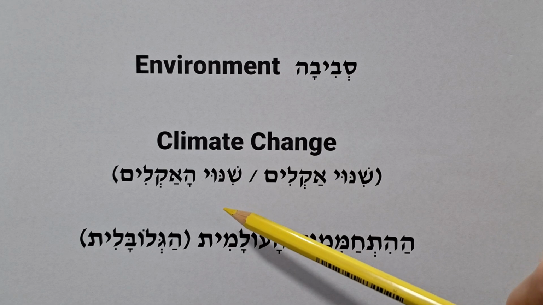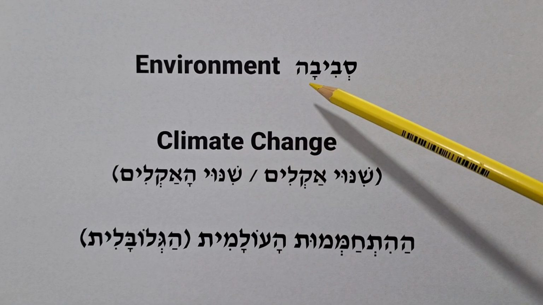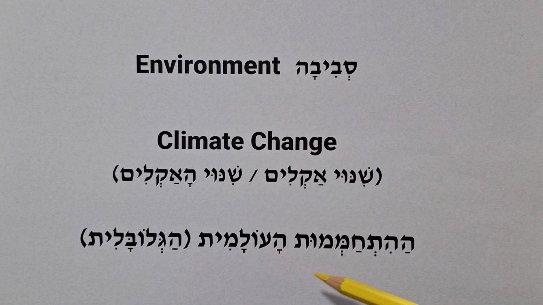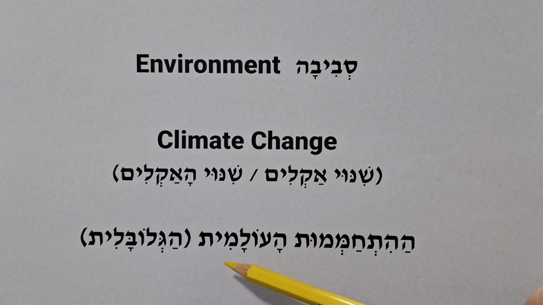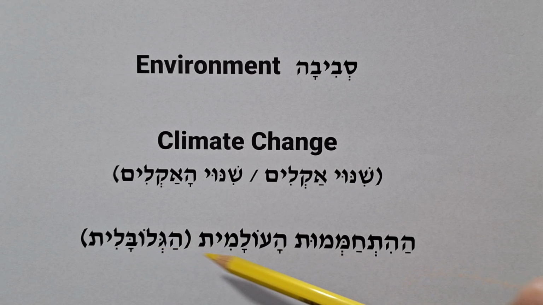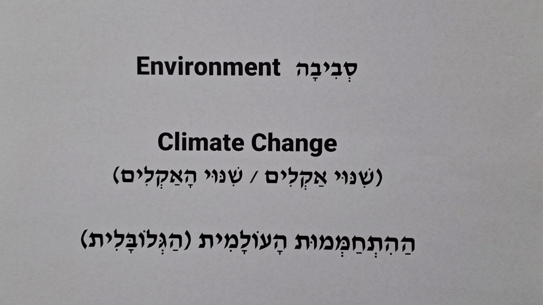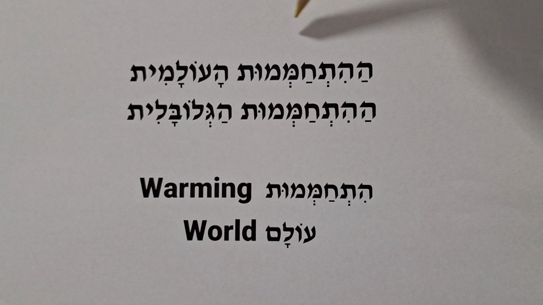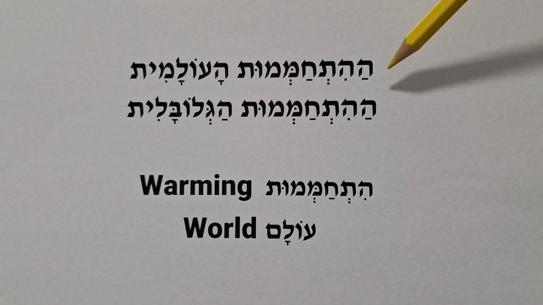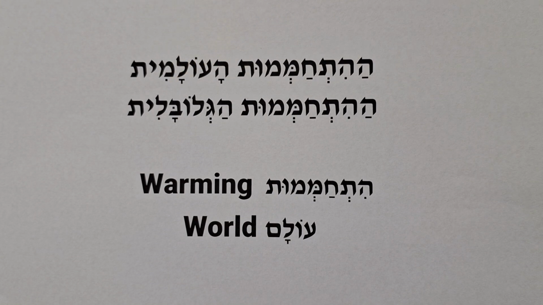No. We say something completely different. In Hebrew, we say ha'hitchamemut ha'olamit or ha'hitchamemut ha'globalit. And the explanation is coming in the next page. ההתחממות העולמית or ההתחממות הגלובלית.